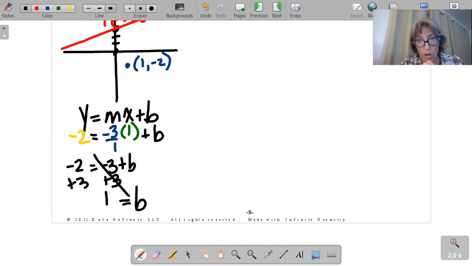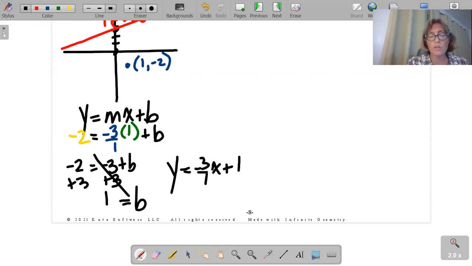So our equation is going to be y equals negative 3/1 x plus 1. That's our perpendicular equation.